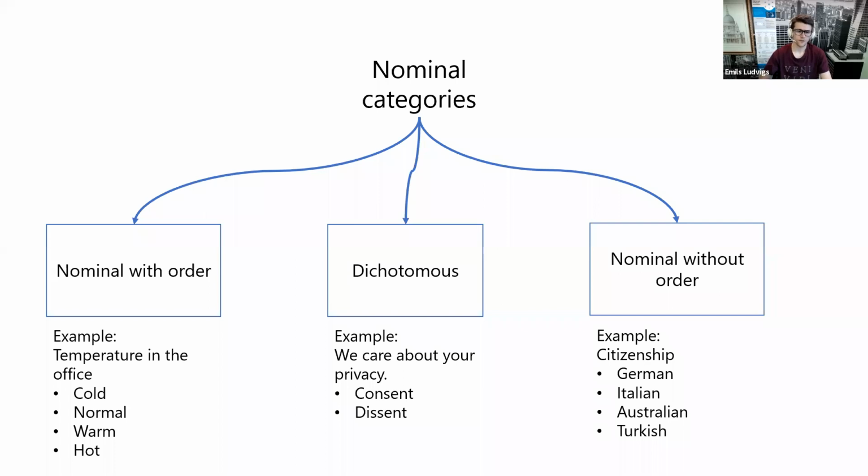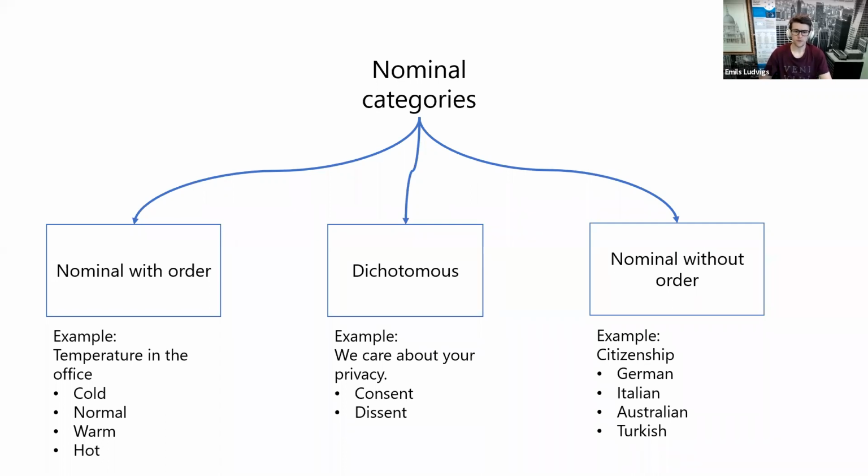I have here the temperature in the office: cold is around 15 degrees Celsius, normal is around 20 to 22 degrees, warm is 23 till 27, then hot is 27 degrees and over. And this is nominal data: cold, normal, warm, hot, for example on a dashboard or a screen. This is a specific order which we can build.